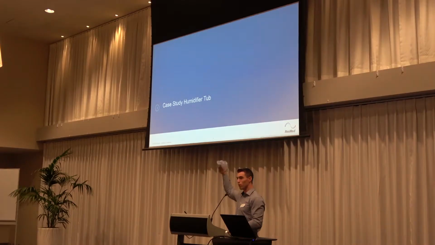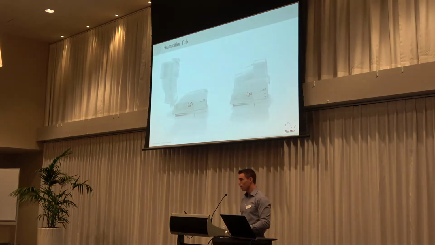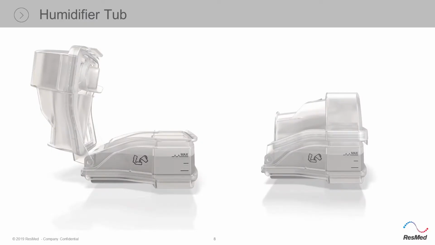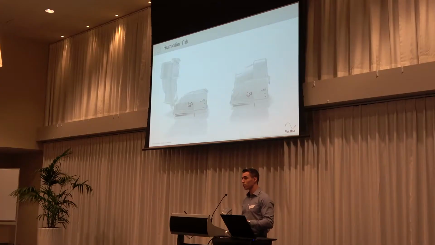So as I mentioned, I'm going to talk a little bit more about this tub and some of the simulations we use for it. The tub has a heater plate underneath, and flips open and closed. Before we spend probably tens of millions of dollars on a fully automated injection molding tool for this, there are a couple of checks we want to do to make sure this actually works. One of the more critical cases is a misuse case.